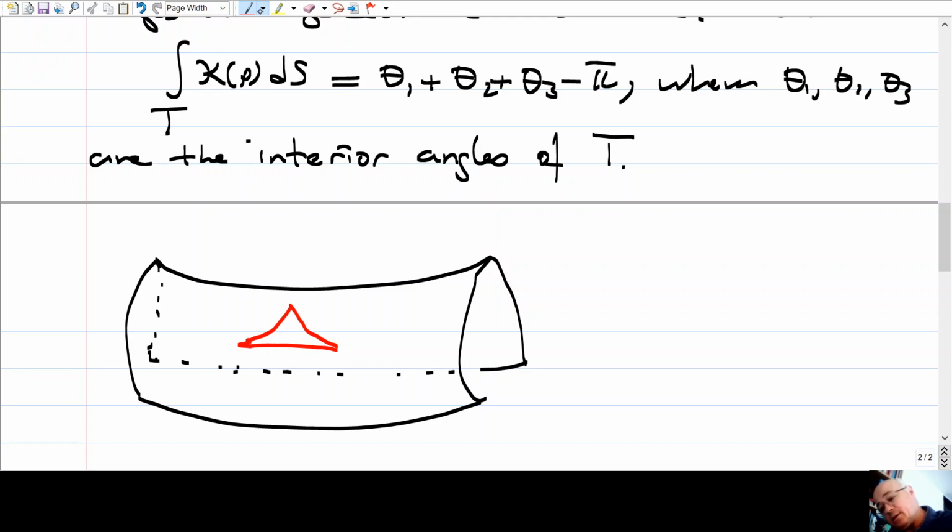And let's say the angles are theta 1, theta 2, theta 3. Then if you integrate the Gaussian curvature over this triangle, what you will get is the sum of these angles minus pi.